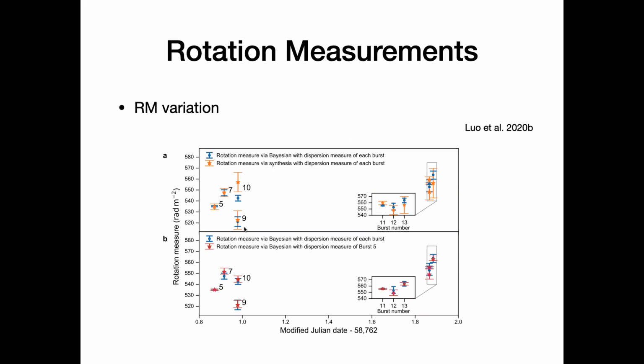And we don't know what it was caused by. Even though there was RM variation from the first repeater, such a short-duration variation is the first time we have found. And until now, we do not have any good explanation for this.